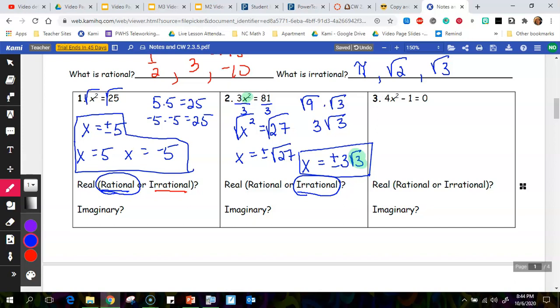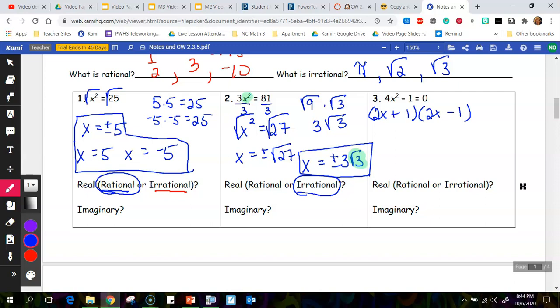Okay, so I'm looking at this one and I notice that this is a difference of two squares, so I don't really need to add 1 to both sides or anything. I can factor this to solve it. The square root of 4x squared is 2x. And the square root of 1 is 1. And I would have a plus here and a minus here.